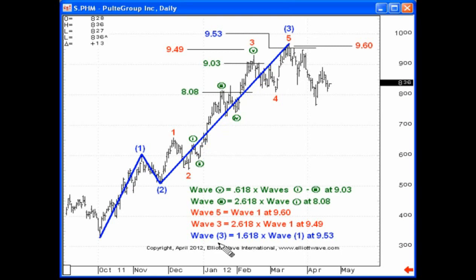At 953, wave 3 equals a 1.618 multiple of wave 1. These are the relationships R.N. Elliott identified back in the late 1930s. Here's a stock over the last couple of months, since the fourth quarter of 2011, and you can see that these relationships he identified way back then are still very much applicable today.